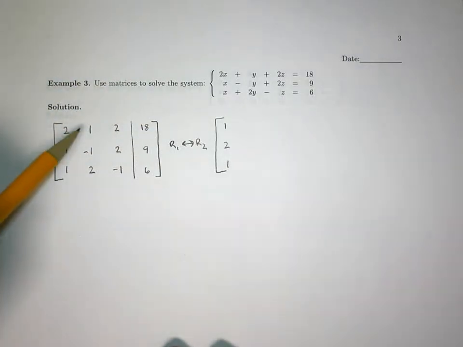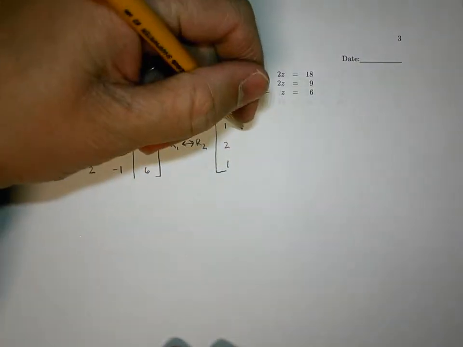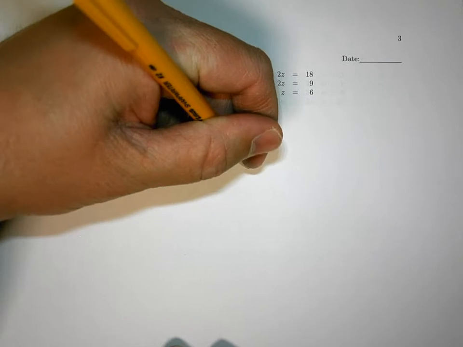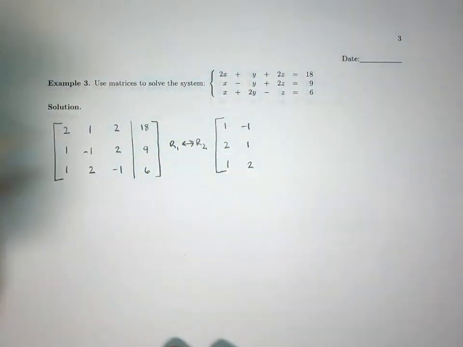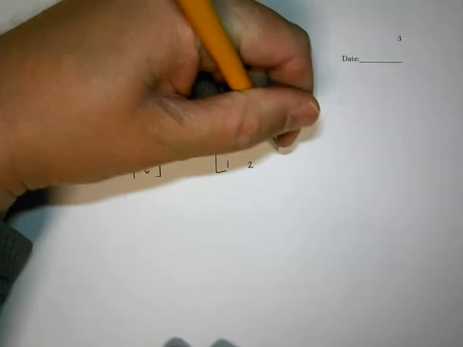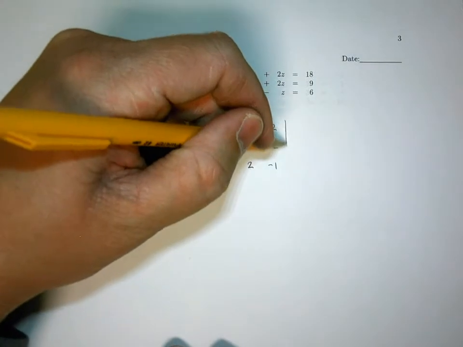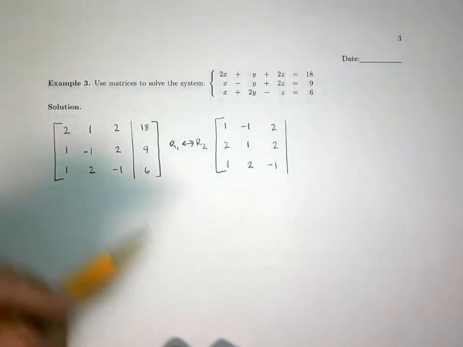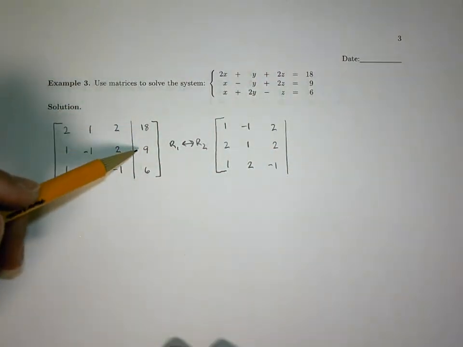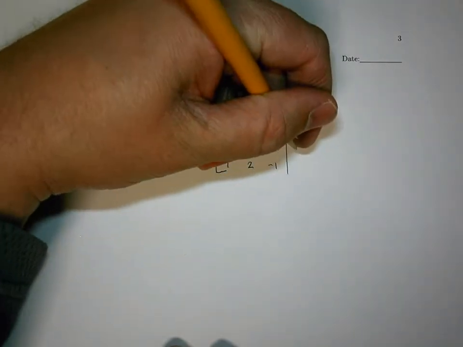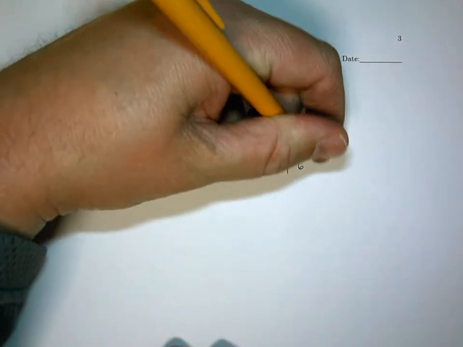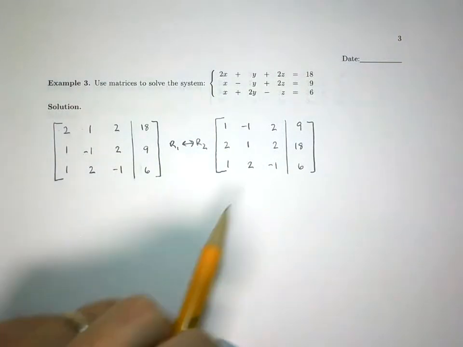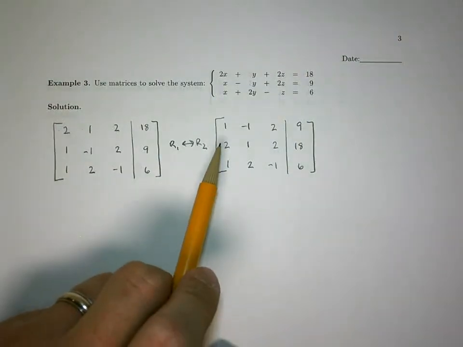Instead of saying 1, negative 1, it's going to say negative 1, 1. The 2's changing doesn't do anything. Instead of 18 and 9, we see 9 and 18.